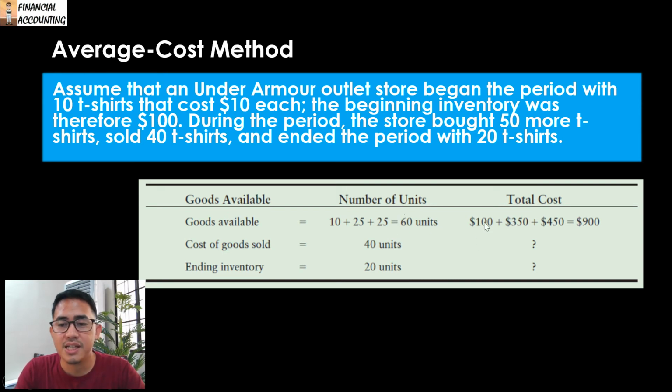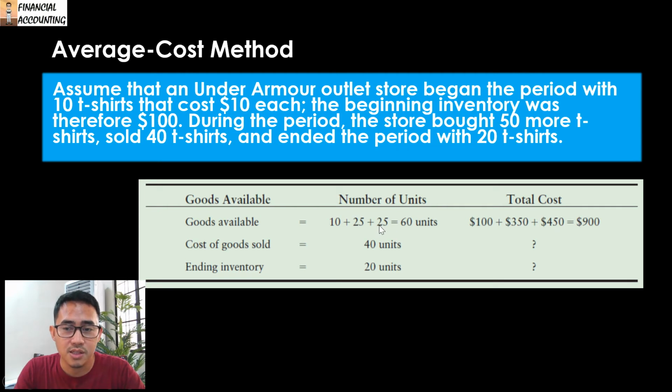Okay, and let us say for example in each purchase you have these figures. The beginning inventory is at 100. Your first purchase amounting to 25 t-shirts is at 350, and your second purchase of 25 t-shirts is worth $450.